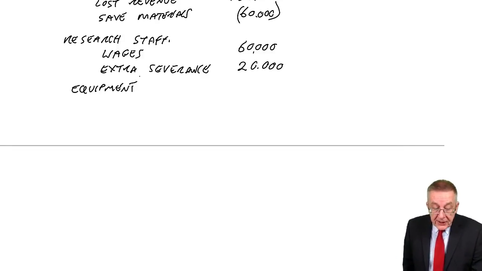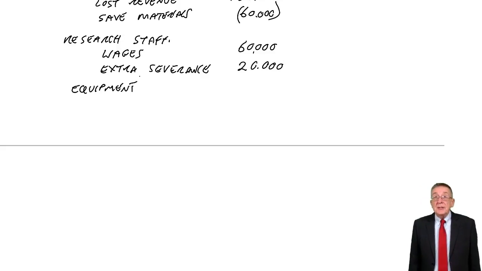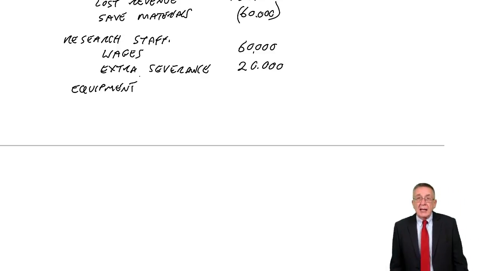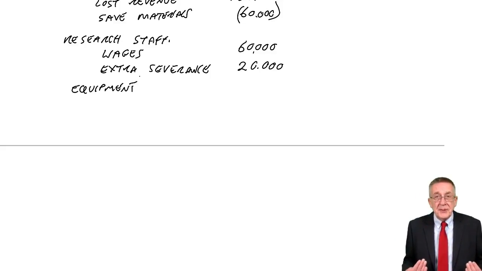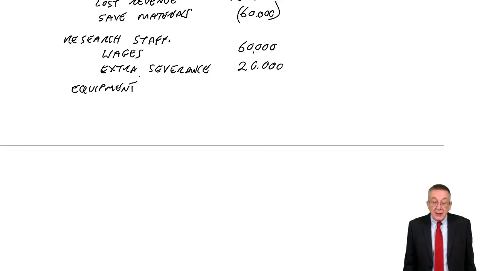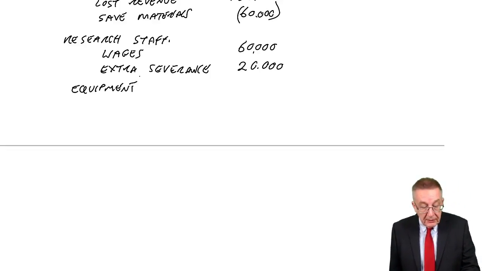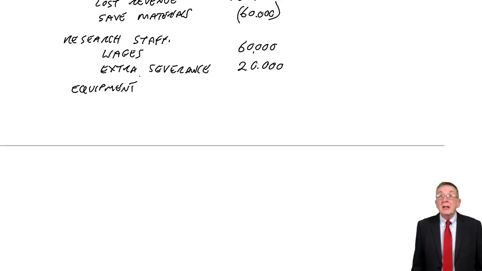It's got a current disposal value of 8,000. So if we were to stop the project now, we could receive 8,000 by selling it. However, if we used it in the project, it's estimated that the disposal value in a year's time will be 6,000.